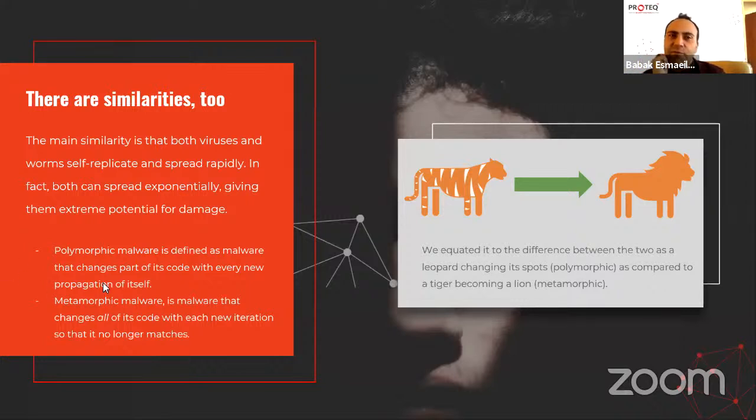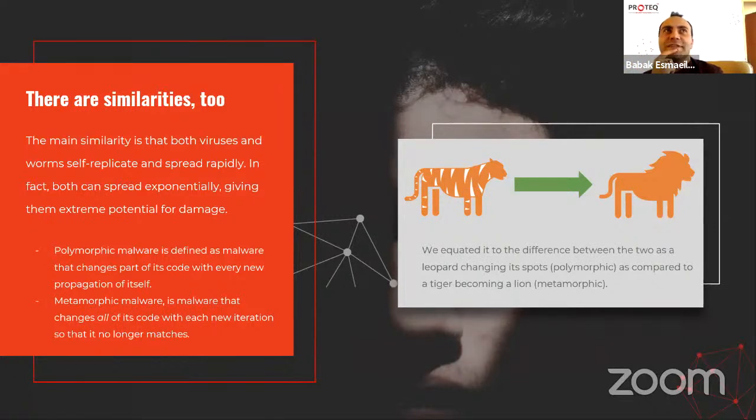I just wanted to mention a very important thing. Although we have mentioned 10 kinds of malwares, any of them can be mixed up with other kinds. We call it hybrid malware. They are also polymorphic. What is polymorphic?